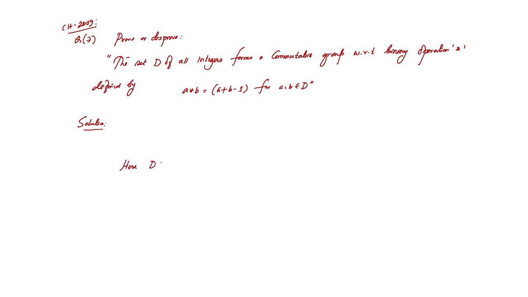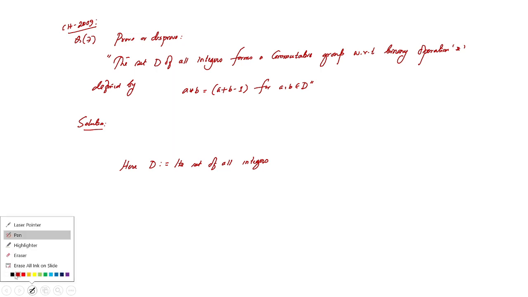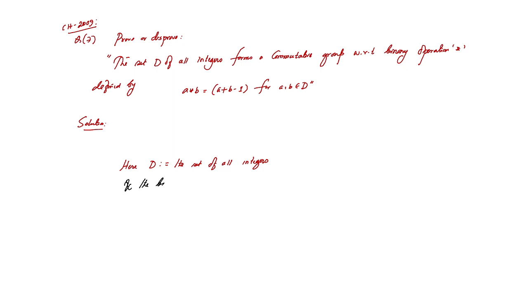Our D set is the set of all integers, and the binary operation star is defined by A star B equals A plus B minus 1 for A, B belonging to D.